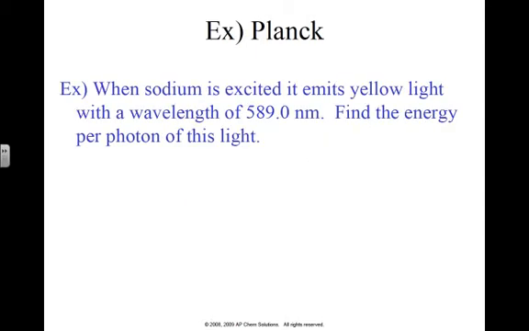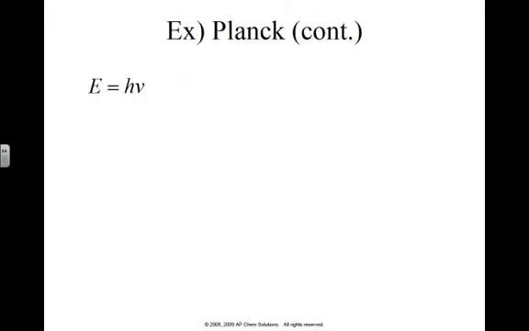So when sodium is excited, it emits yellow light with a wavelength of 589.0 nanometers. Find the energy per photon of this light. What I'm going to do is take my wavelength and the speed of light and solve for frequency. Once I solve for that frequency, I'm just going to multiply it by Planck's constant to get the energy.